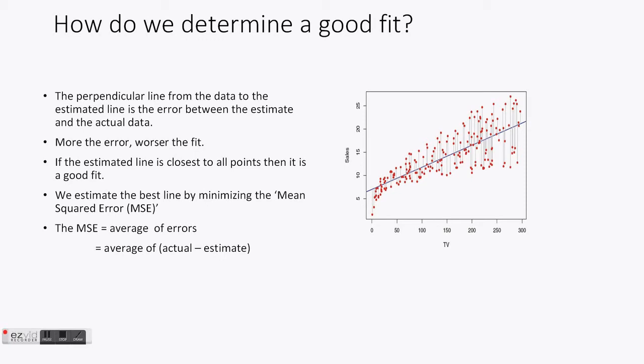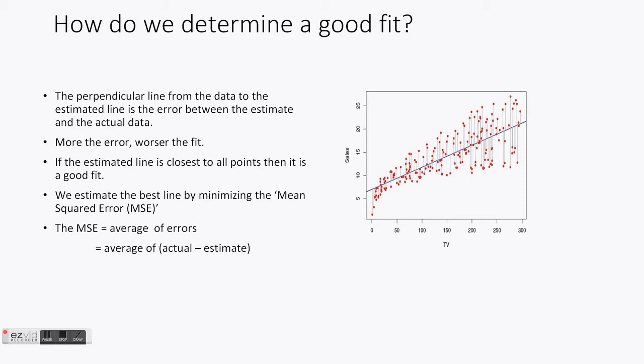And typically we don't use just the distance of the data point to this estimated line, rather we use the square of the distance. If you just use the distance, then we would have distances which are on the positive side and some on the negative side, and they may add up to 0, and it may look like it's a good fit, but actually we want the total sum of the squares of the distances to be the smallest possible value.